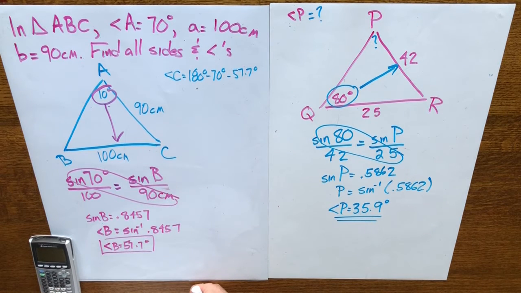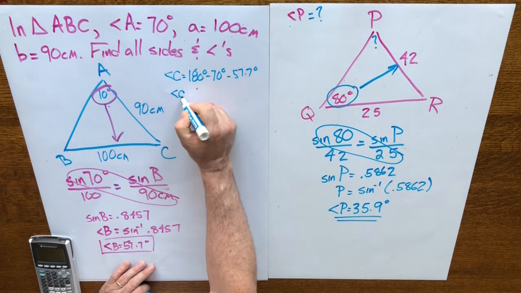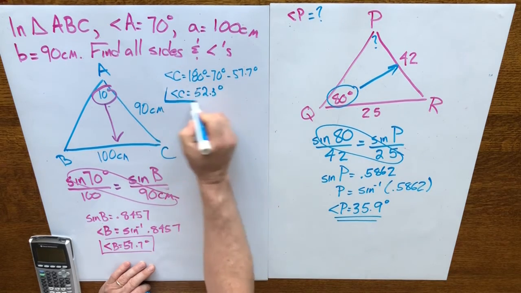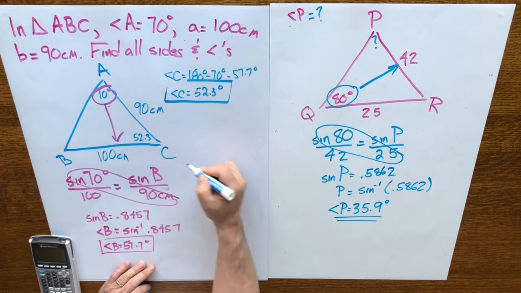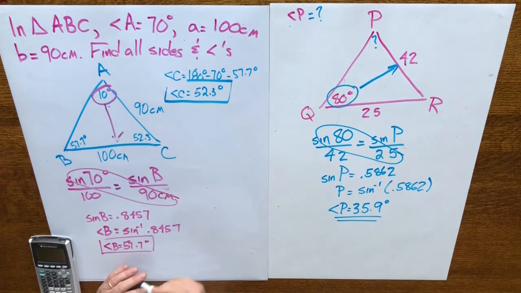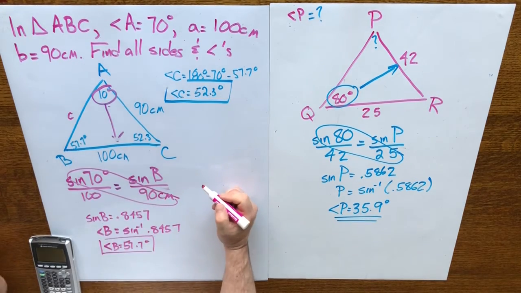So 180 minus 70 minus 57.7 gives you angle C to be 52.3 degrees. So we're going to write that on our diagram now, 52.3 degrees, 57.7 degrees. And the last thing that we need to find is side C, lowercase c here.